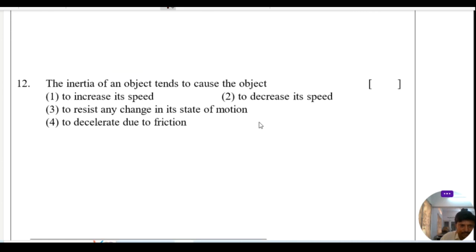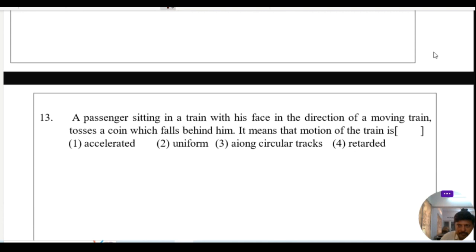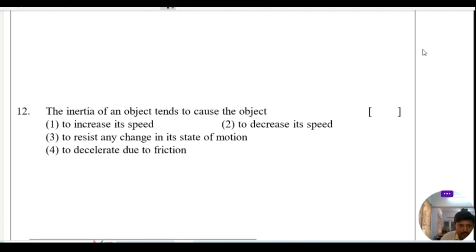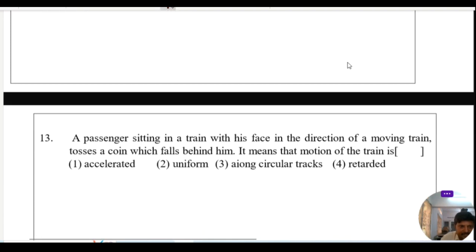Next, 12th question. The inertia of an object tends to cause the object. Here, inertia means unwilling to change its present state. That means it resists any change in its state of motion. So option 3 is the right answer.